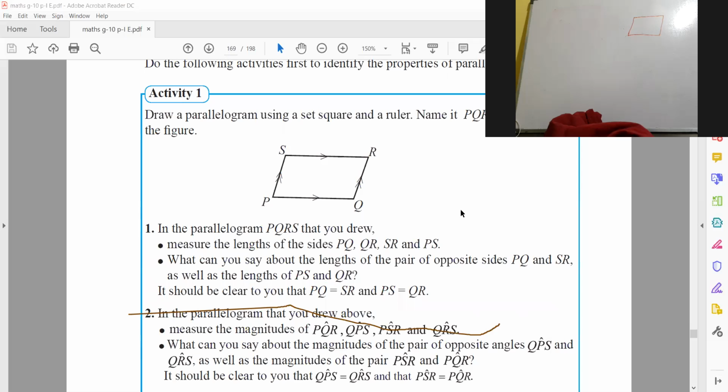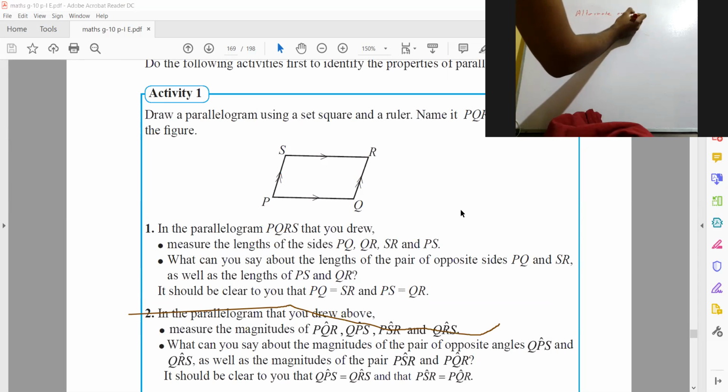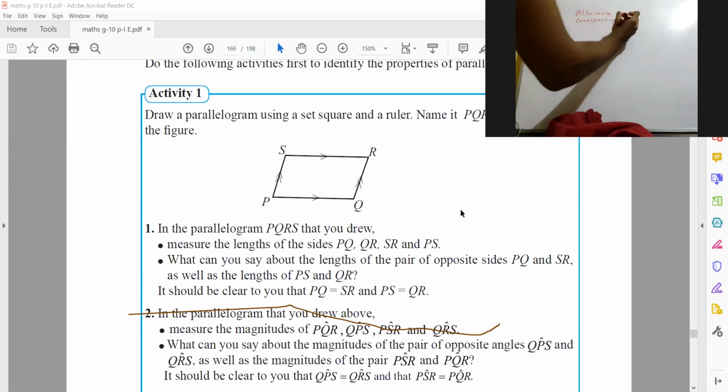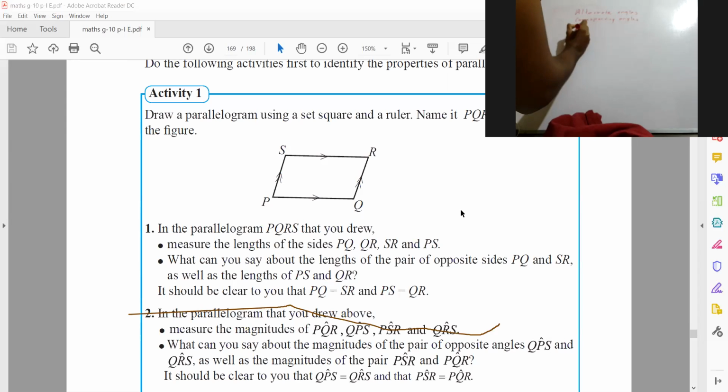before learning about parallelograms, we must learn about some angles, right? These angles are alternate angles, corresponding angles and allied angles.